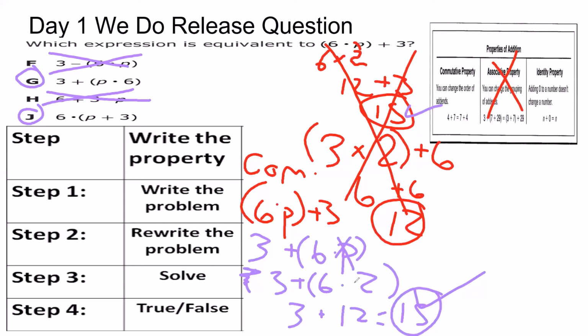So I know that J would not be my answer. And it looks like 3 plus (p times 6) would be our correct answer. All we did was change the order of our addends.